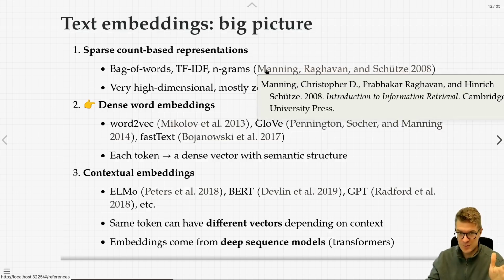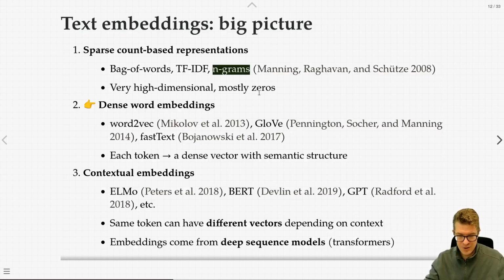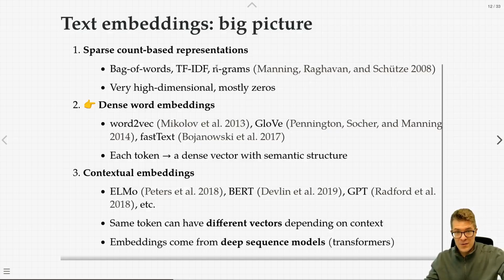They still work very well. TF-IDF, I keep seeing even in very modern research papers. N-grams also similarly come up a lot. So just because something is old doesn't mean you don't need to learn it. It's always good to learn as much as you can, but these produce high dimensional representations, a lot of which, especially for n-grams, can be mostly zeros unless you do a lot of special, interesting things to them.